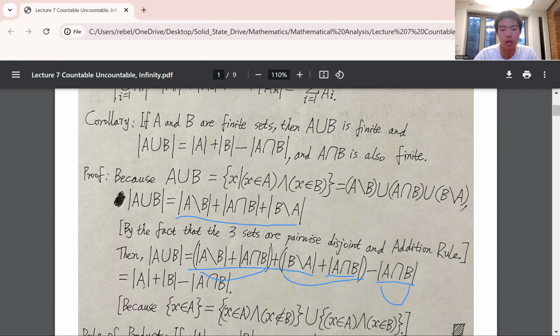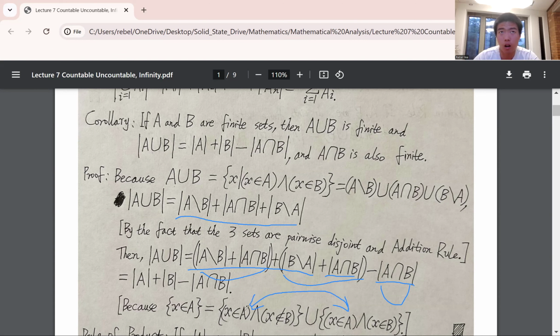For example, the set A is all x that belong to A, and by the disjoint property we can say x belongs to A and x does not belong to B, union x belongs to A and x belongs to B. These two sets form a partition of the original set A.